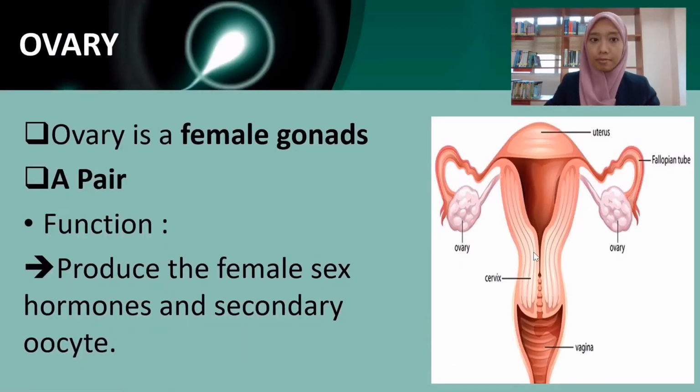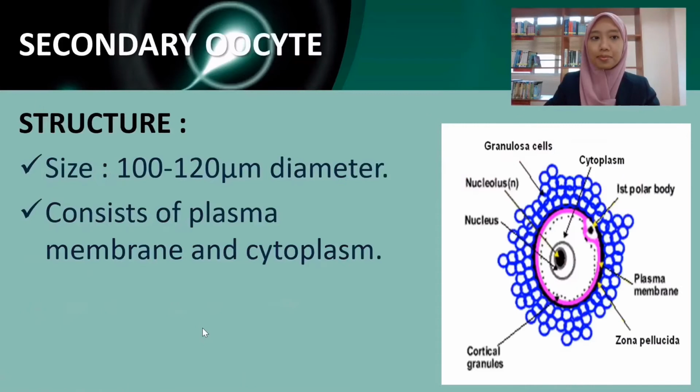What is ovary? Ovary is a female gonad. It occurs in a pair, and the function of ovary is to produce the female sex hormones and secondary oocytes. What is secondary oocyte?